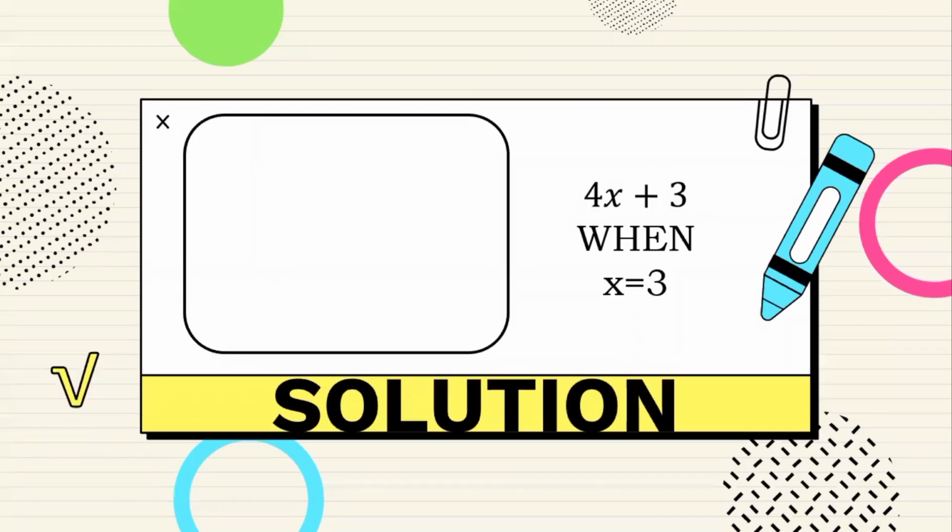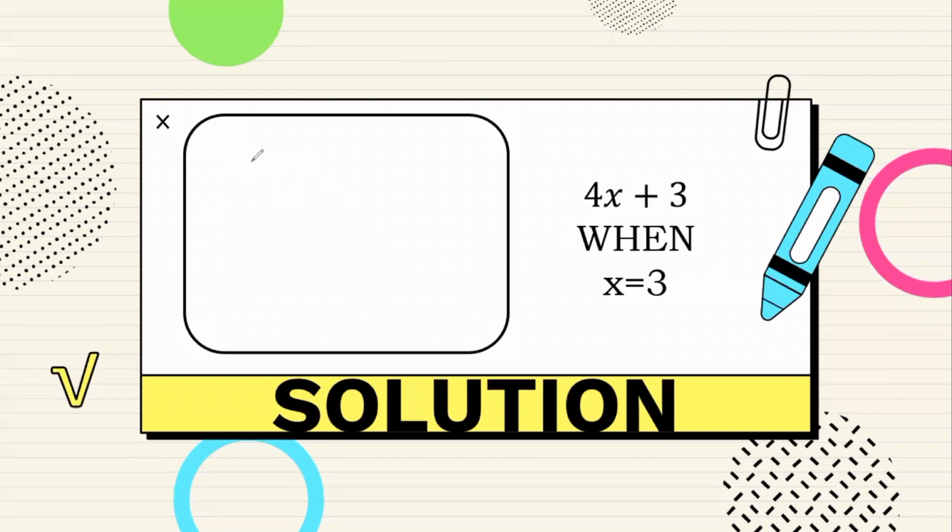4x plus 3 when x is equal to 3. Okay? So, ang gagawin nyo lang dyan is magsa-substitute lang po kayo. Okay? Ano pong isa-substitute namin, sir? Ang isa-substitute nyo po ay yung value ng x which is equal to 3.